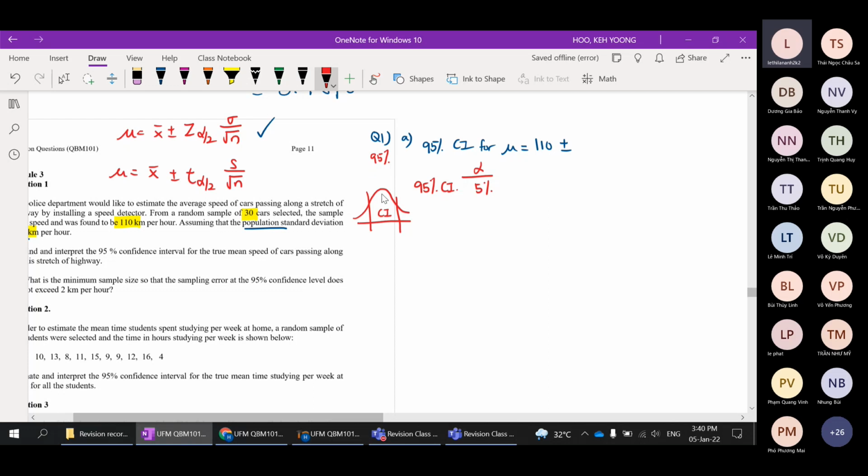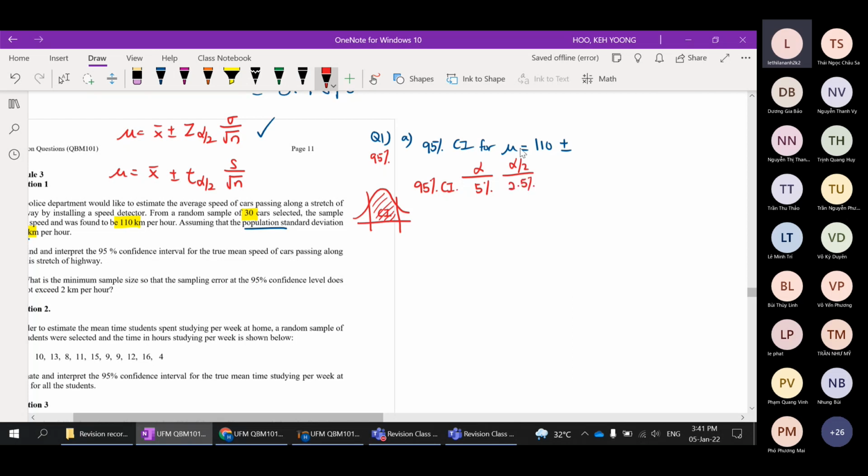In the middle we already have 95%, which is what we want to estimate, so the remaining area will be 5%. This 5% is the chance that we make the wrong estimation, meaning the population mean is outside the interval that we found. When we divide the remaining 5% by 2, alpha over 2, you get 2.5% left.